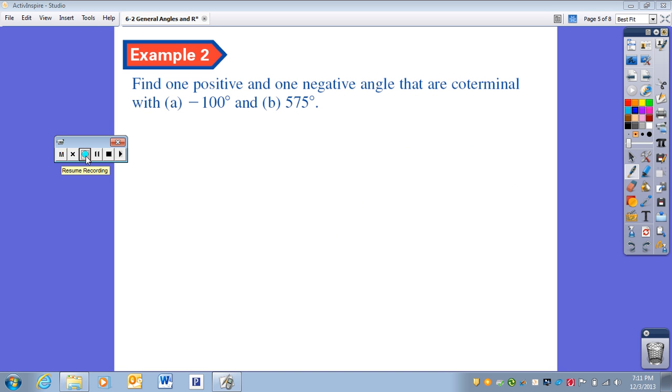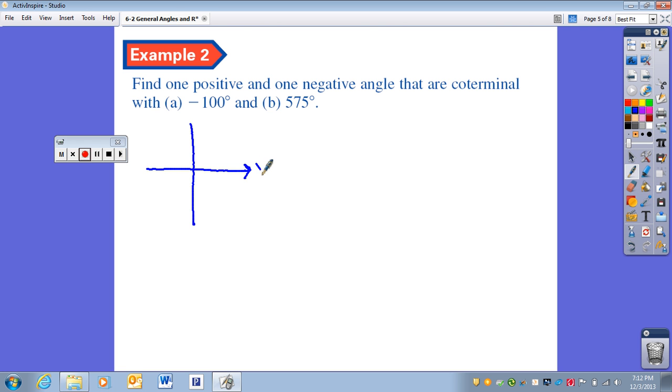In the next example, we would like to find one positive and one negative angle that are coterminal with a negative 100 degrees. Now to do this, what we simply need to find out is, what does negative 100 look like?